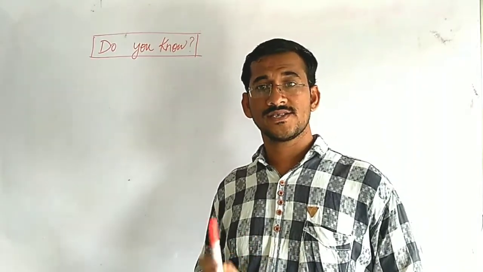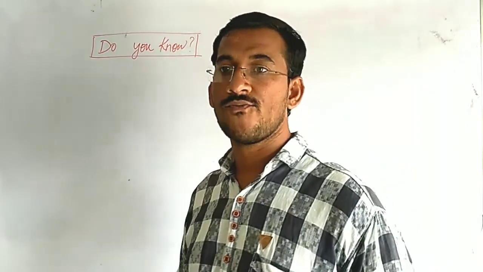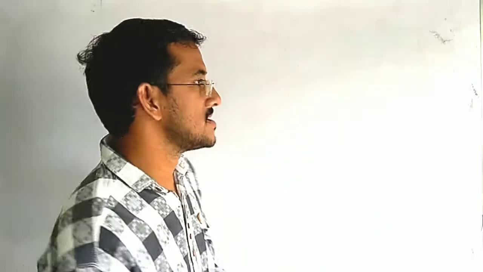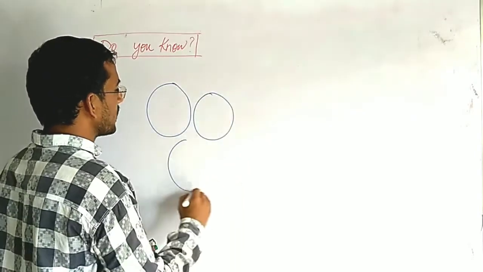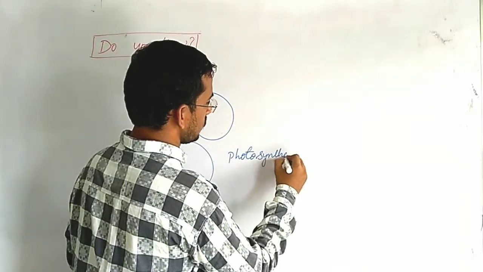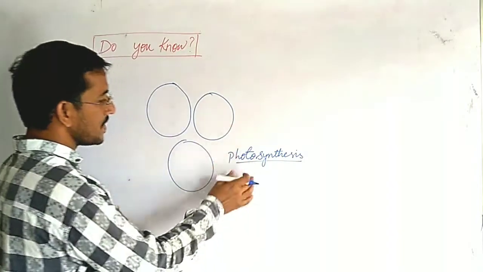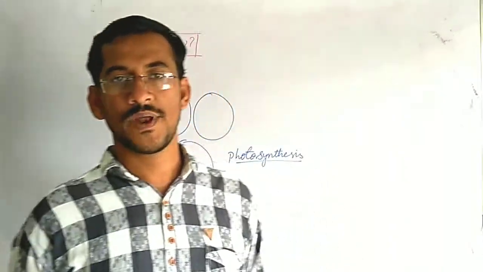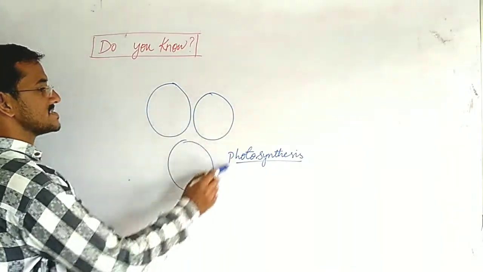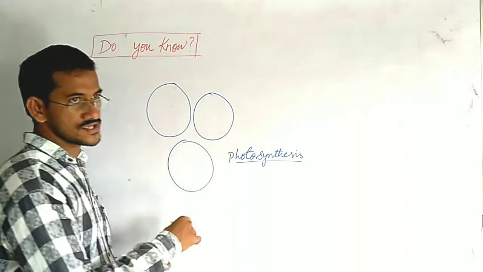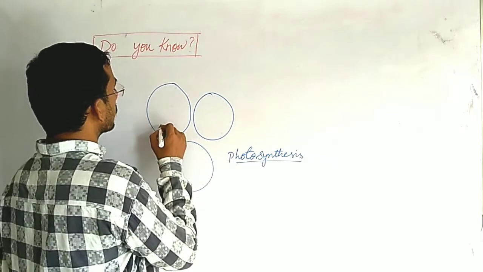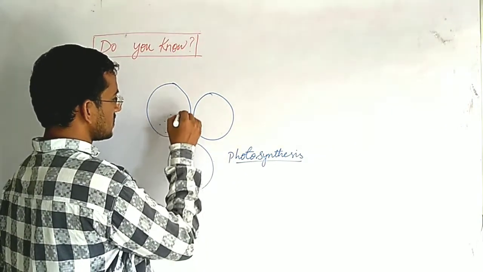For example, the cells which help in photosynthesis contain 50 to 200 chloroplasts. What do you mean by photosynthesis? Preparing food. So plants prepare their own food by the process called photosynthesis. So the plant cells which perform photosynthesis contain chloroplasts. These dots are nothing but chloroplasts.